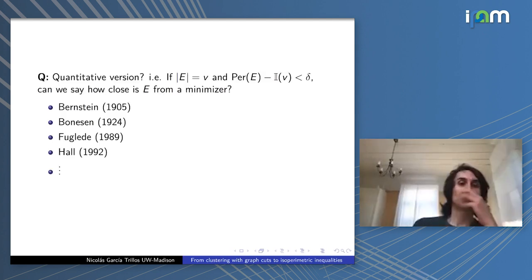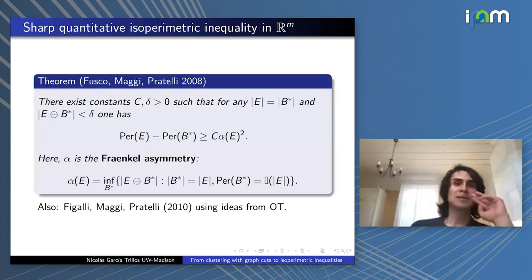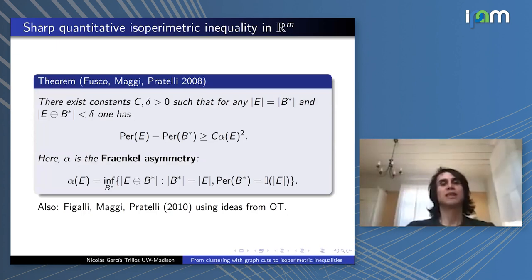Well, so this question goes as far back as Bernstein, and it has received a lot of attention during the 20th century. But perhaps the climax of this was in 2008, when Fusco, Maggi, and Pratelli gave a concrete proof of an optimal sharp dependence on the perimeter deficit, so namely how far you are from being a minimizer in terms of perimeter, and how far you are from being a minimizer in terms of the difference between these two sets.